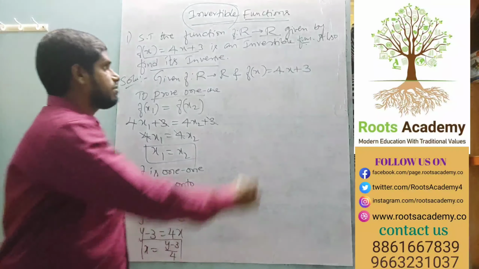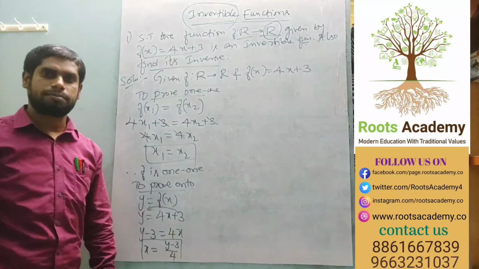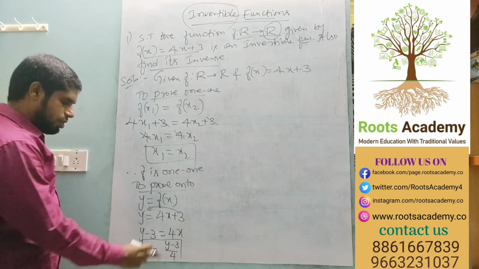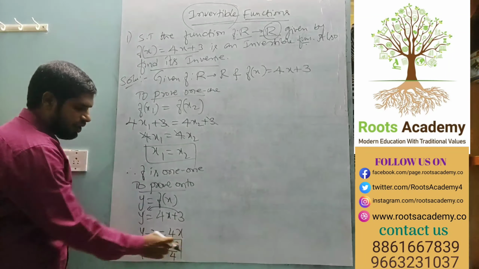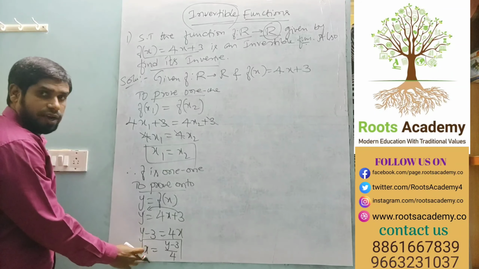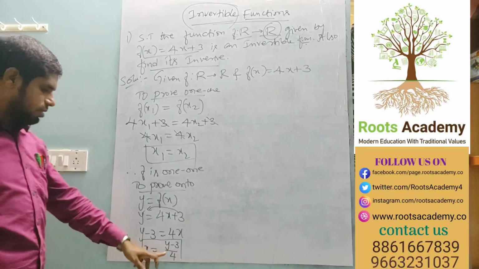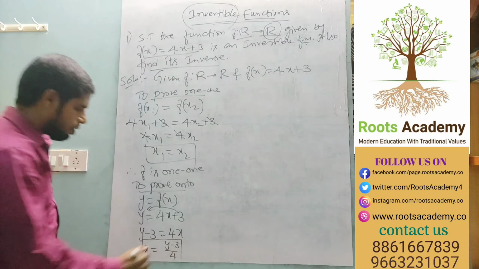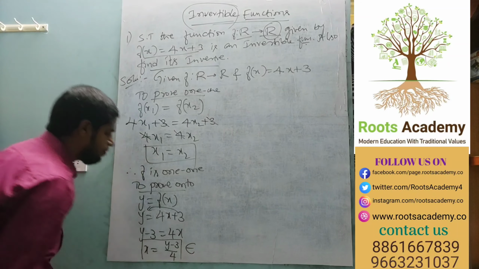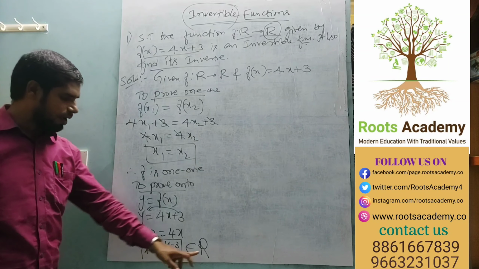Now here, I should take the value of y from this codomain, real numbers. So any value I can give to y. Here always for every value of y, x is defined in the domain, real numbers, because the denominator is just a number, it is not y. So for every real number y, x is always defined in the domain, real numbers.